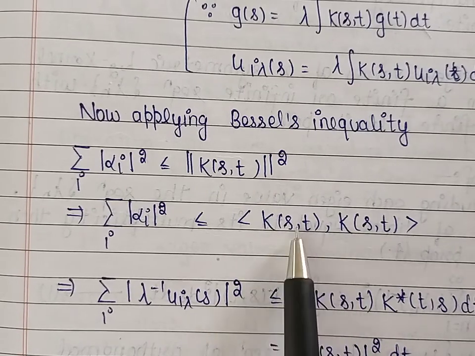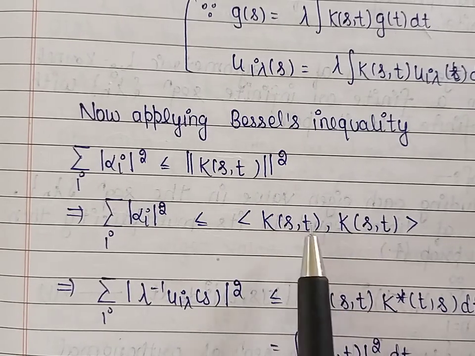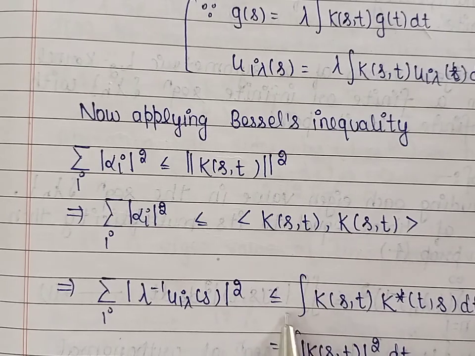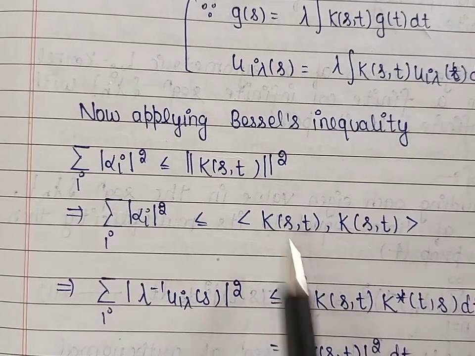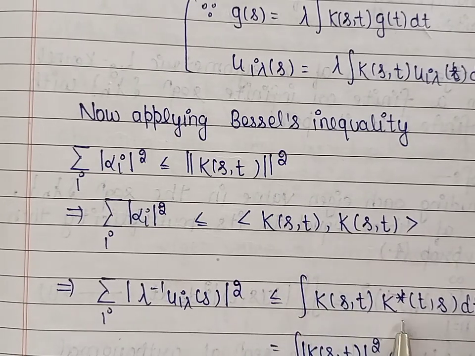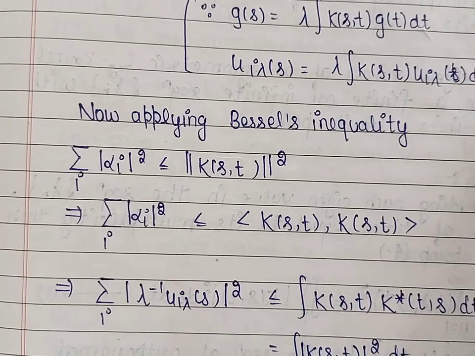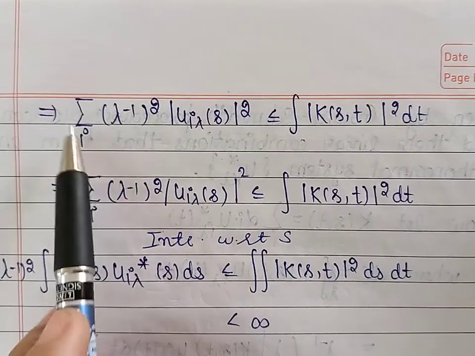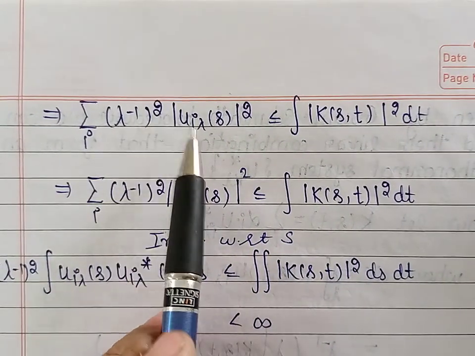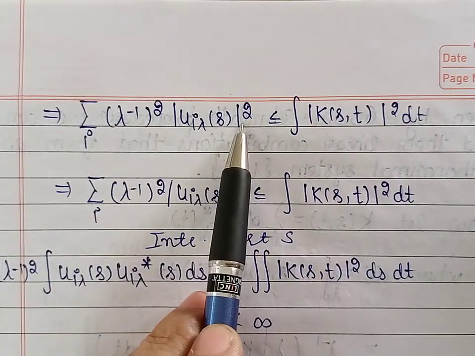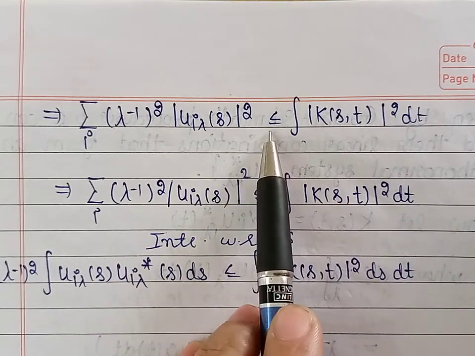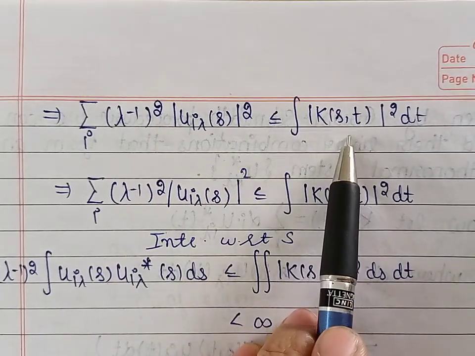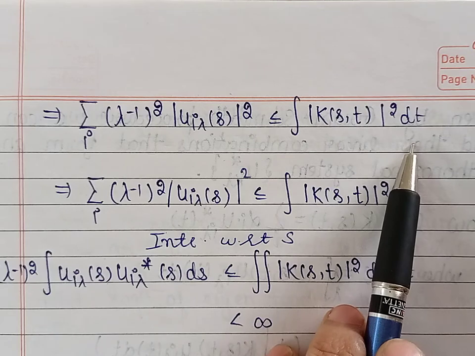Here we have used the definition of inner product. By definition of inner product, this is the integral of the product of the first function with the conjugate of the second function. Now from here we get summation lambda inverse square into ui lambda mod square is less than or equal to the integral of k(s,t) mod square dt.